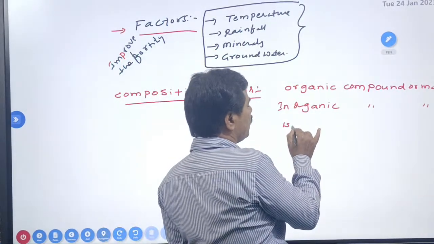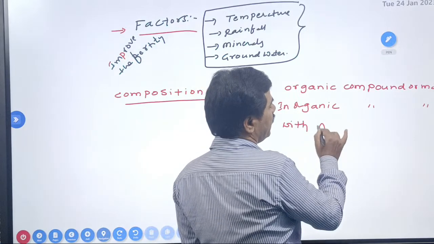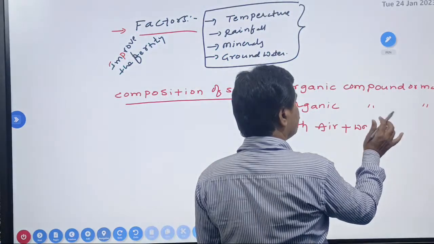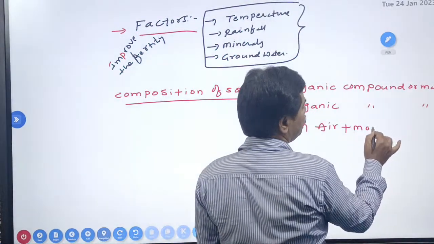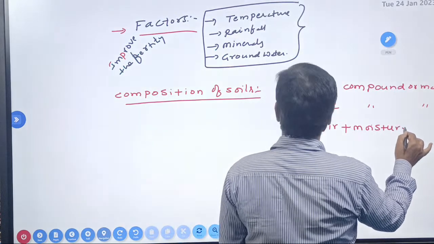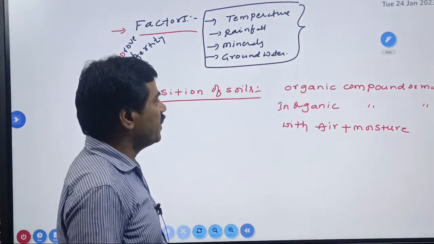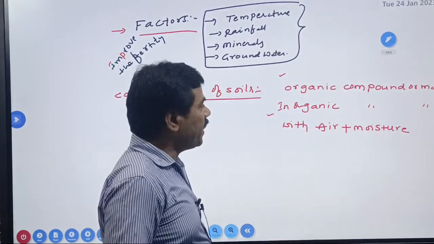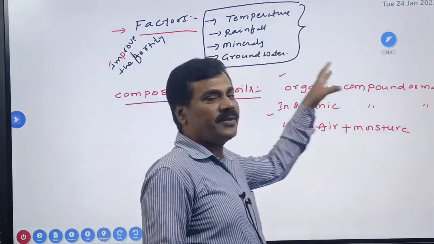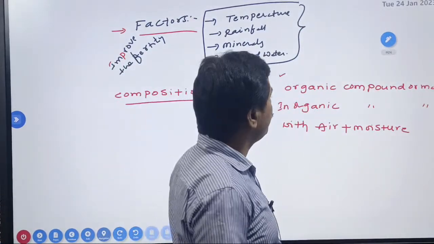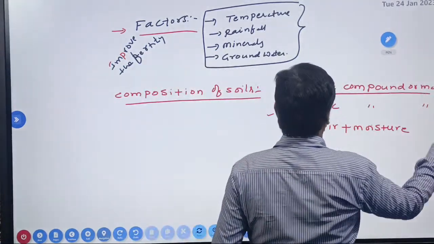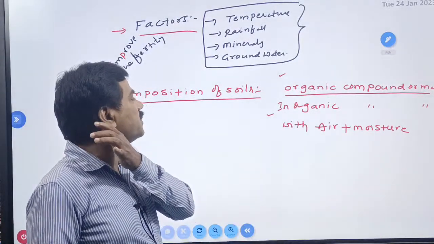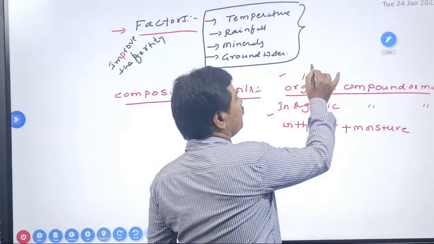Both include air and water, meaning moisture. The construction of the soils decides whether fertility increases or decreases, depending on this type of matter and compounds. Which type of compound? Organic compounds. Organic compound means natural fertility.